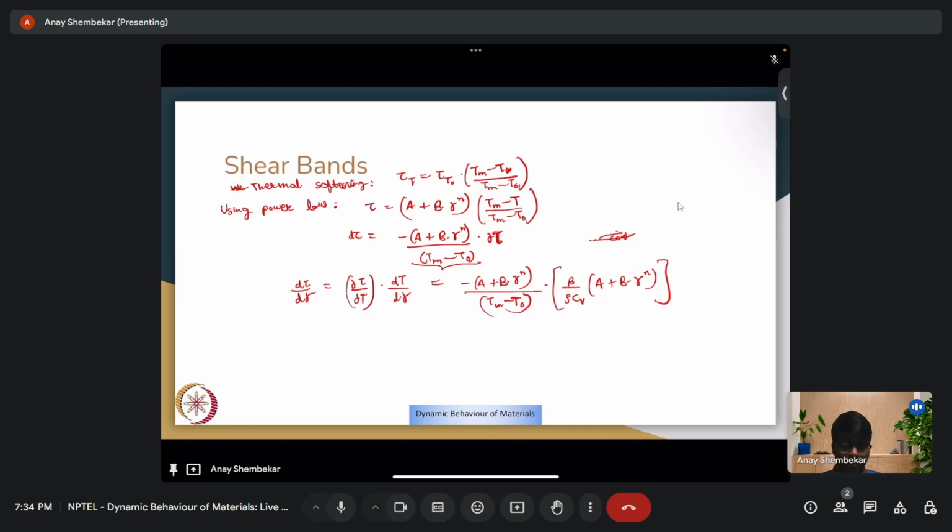Using this, you can evaluate how this expression needs to be set to zero to understand what the critical gamma value is. So you can do that on your own.